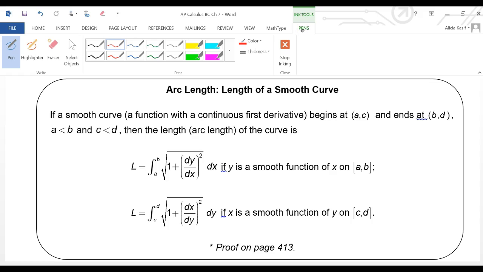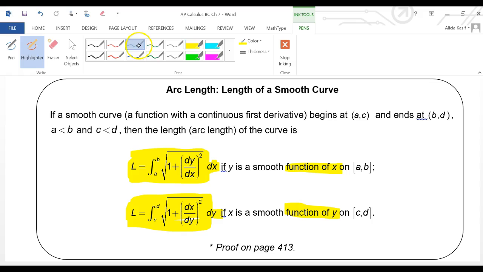These are the two formulas, and you'll notice there are two because one is if you have a function of x, and this one is if it's a function of y. If your graph is defined in terms of x, like y equals x squared, we would use the first one.